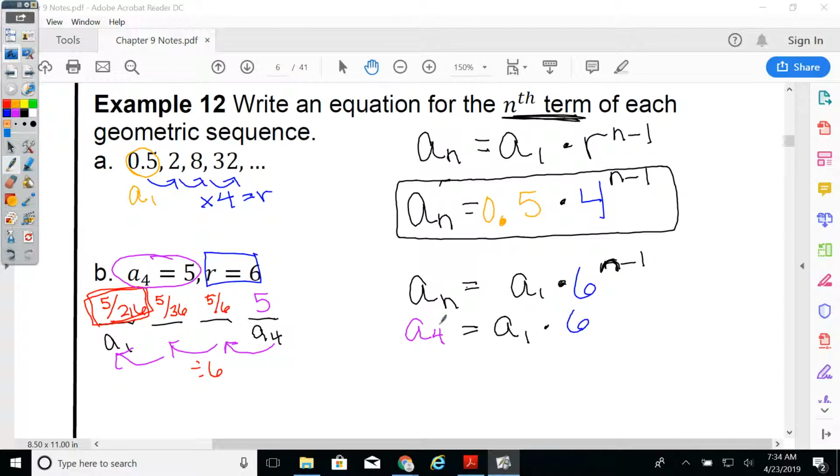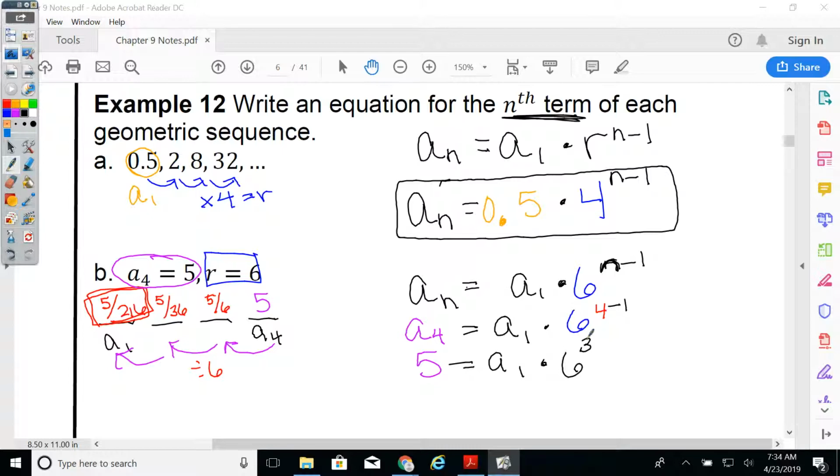And for the A4, n is 4 here, and we're going to do minus 1. So I know A4 is 5, so I'm going to substitute the 5 in there. So 5 equals A1 times 6 to the third power.